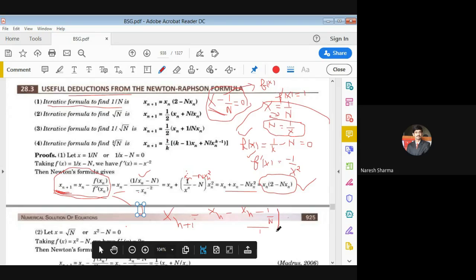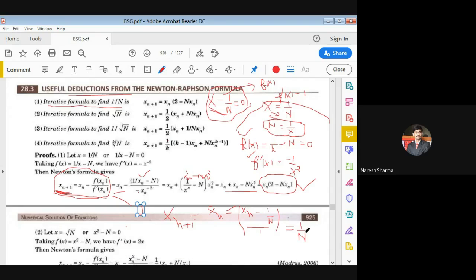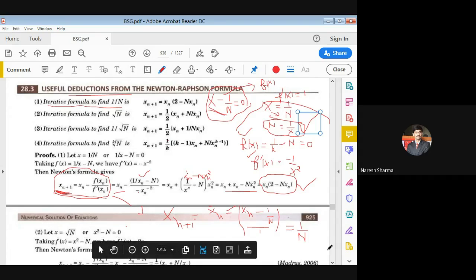We can put this in brackets. If you see clearly, this x n and this minus x n cancel out, this minus and this minus become plus, and we are left with 1 by n only. It means you get nothing from the right hand side, you get again 1 by n. So this does not work at this stage. That's why we cross multiply first, and we rewrite this x equal to 1 by n as n is equal to 1 by x, right?